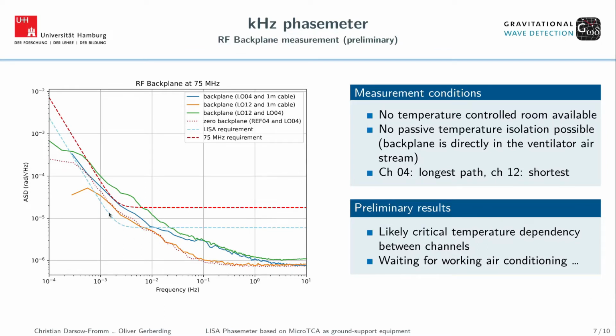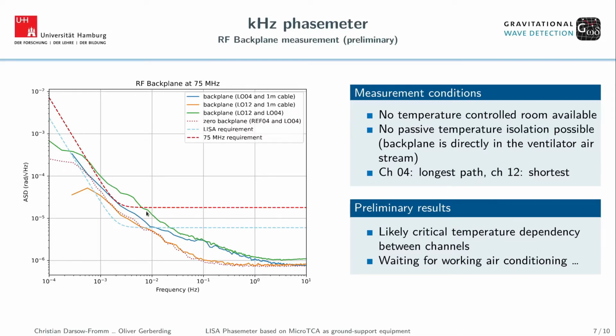So here you can see a zero measurement of the backplane. Here I've tested two lines with equal length. And the green line here is the shortest line against the longest line, so slot 4 versus slot 12.